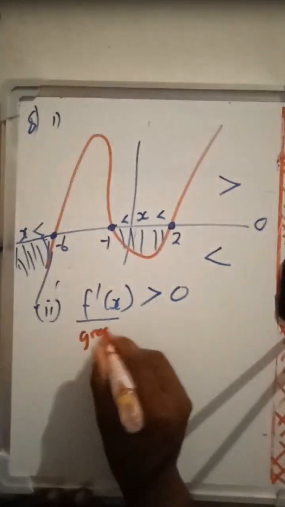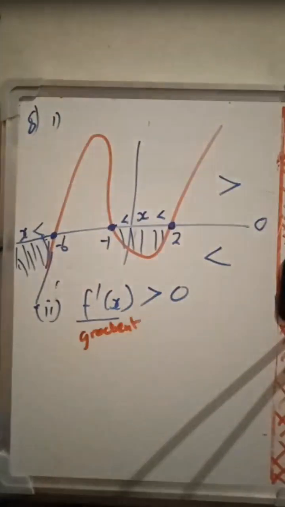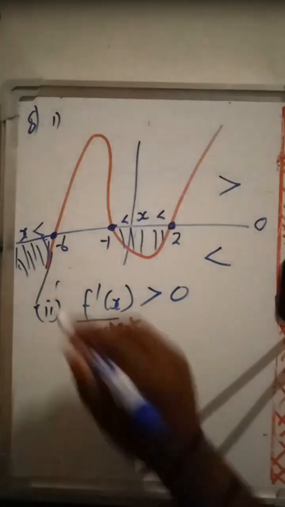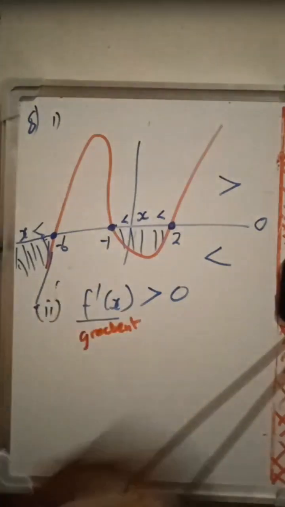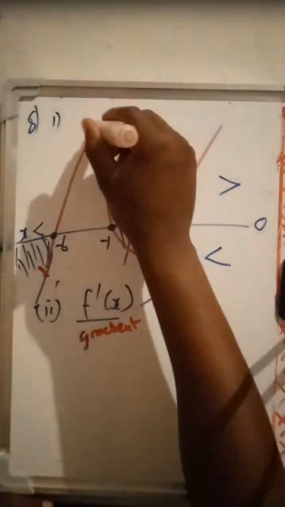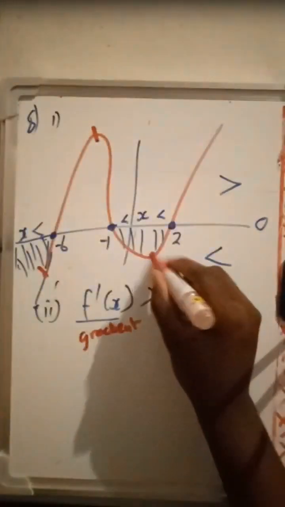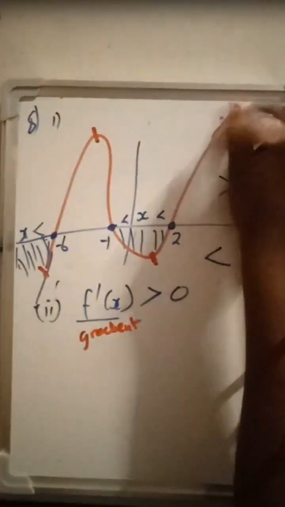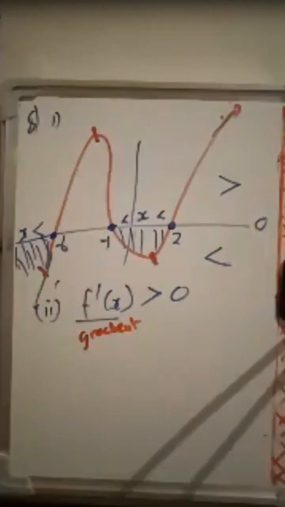So they are asking, where is the gradient positive? So the gradient is positive from there to there, and also from there going onwards. Not from there to there. It's from we don't know to there, and from there to we don't know.